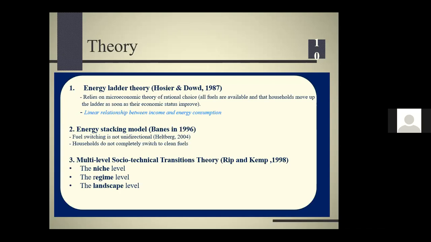It is possibly not very true that whenever households' sources of income improve, they will automatically move up the ladder and use clean energy and completely abandon the dirty energy sources.